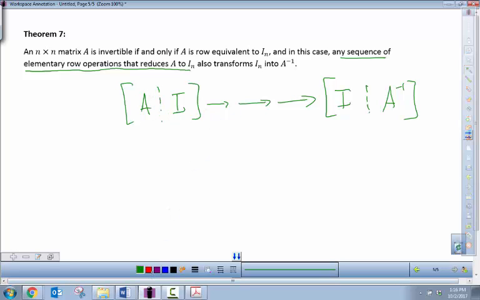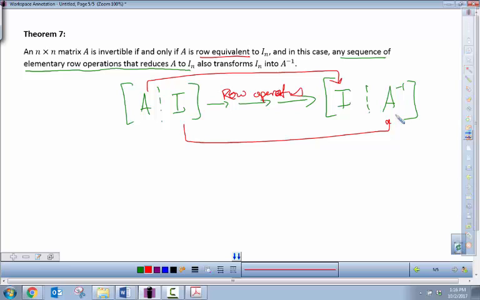So if all you do are elementary row operations, and you went from A to I, then that means they're row equivalent, which is what they're saying in the theorem. And not only that, but if you follow the same row operations on the identity matrix, you're going to get your inverse. Okay? So that's what that theorem is saying. We kind of showed that with an example.